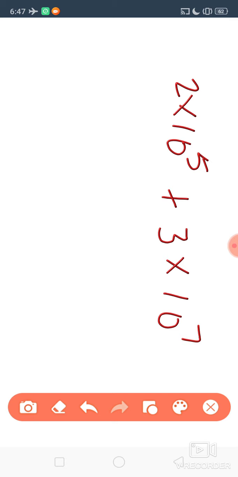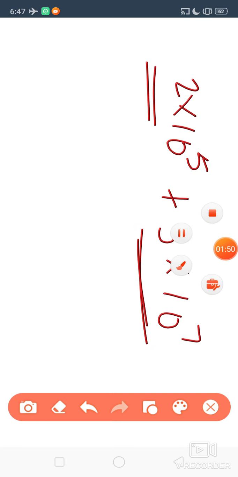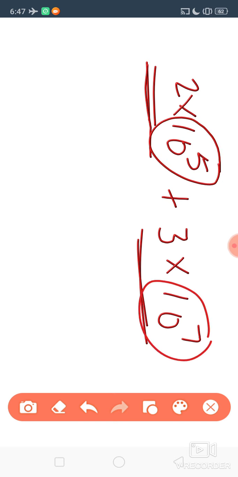In that case, what will you do? How are you going to add? You will not be able to add unless the exponent is the same.